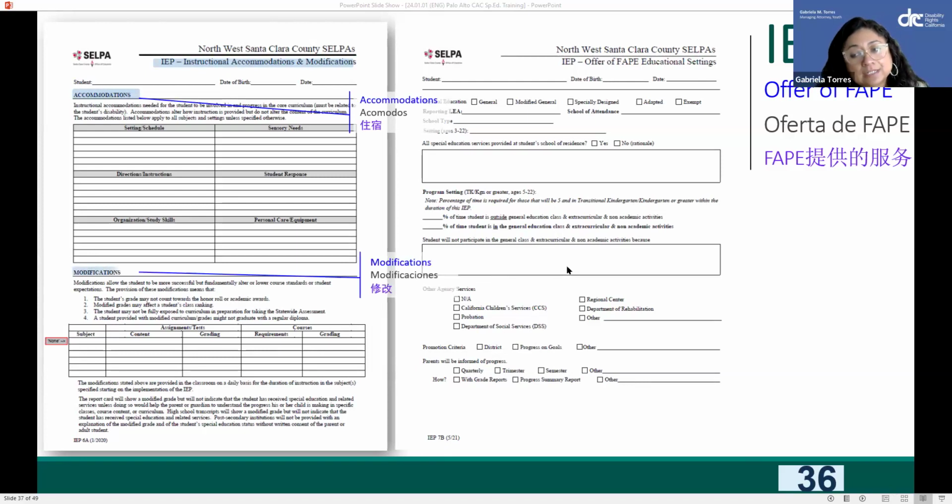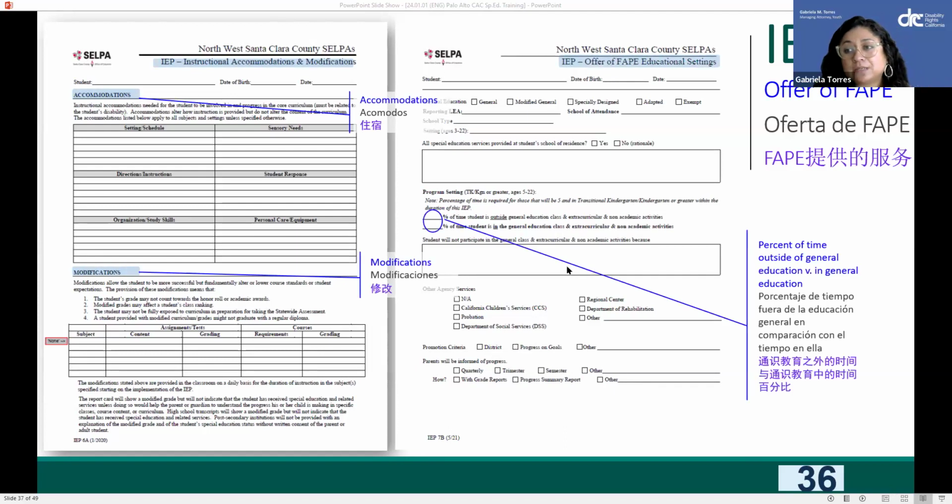On the page on the right-hand side, this is the last page, I believe, of the offer of FAPE, it will say the percentage of time that a student is outside of the general education classroom versus in the general education classroom. The IDEA is written on the belief that all students should be in the least restrictive environment, right? And it's really, really important.